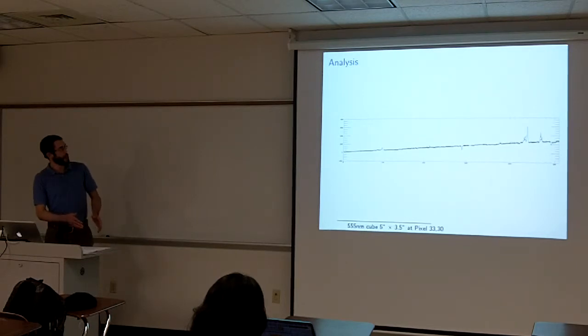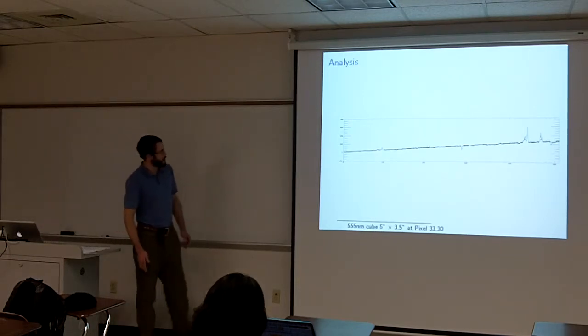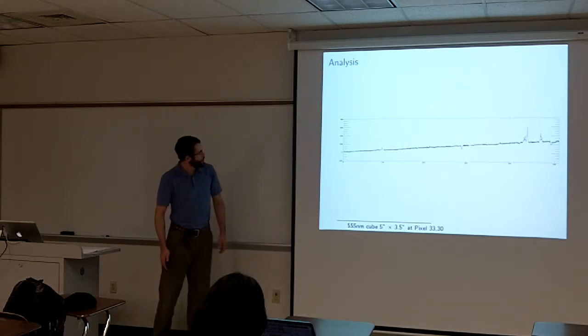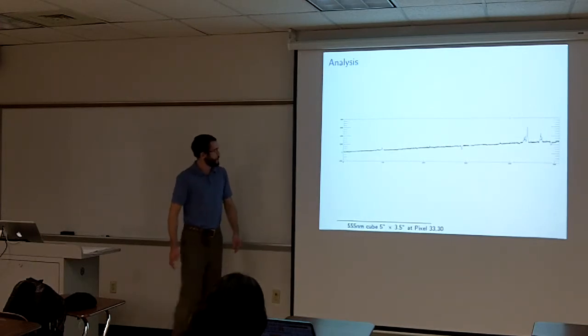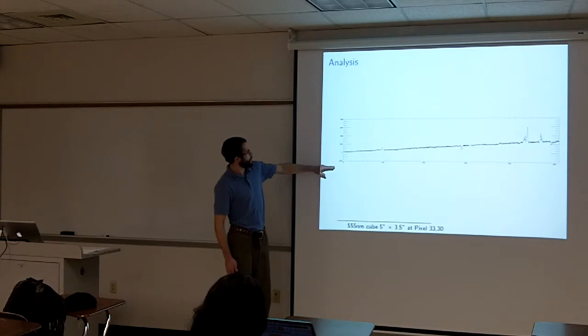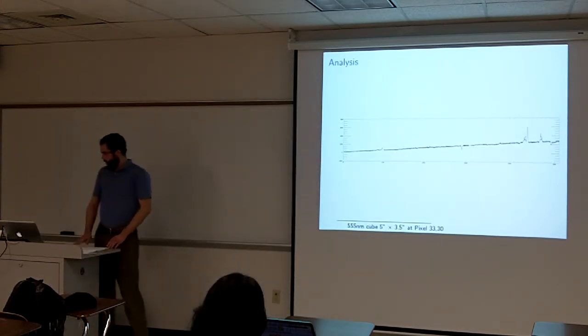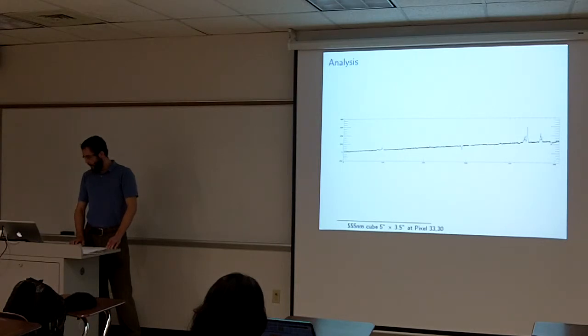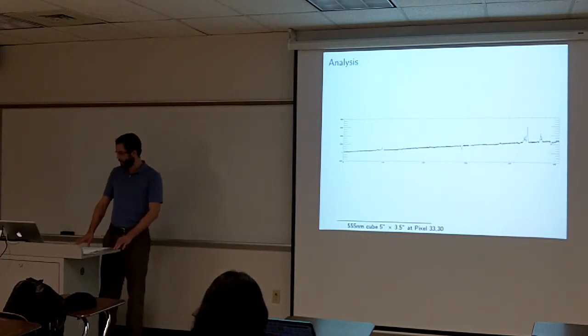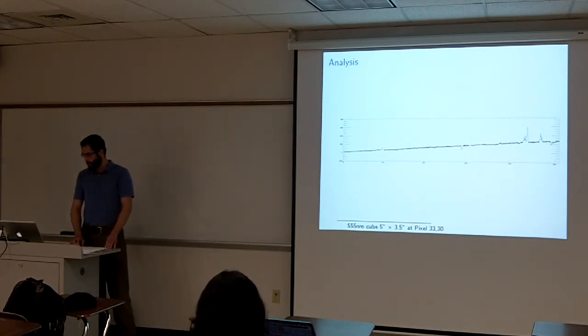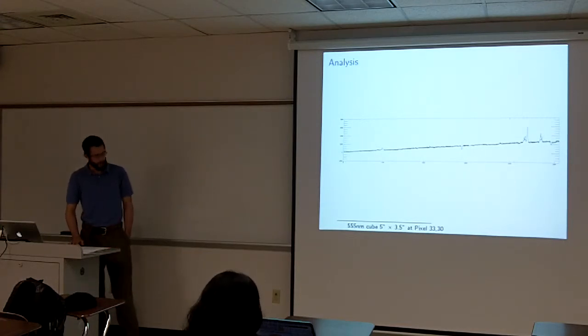Now, I apologize for the axes; they're not labeled. The bottom axis is wavelength, and the y-axis, I'm not actually sure yet what that is, because I haven't had a chance to look at it and figure out what the y-axis is correlated with.